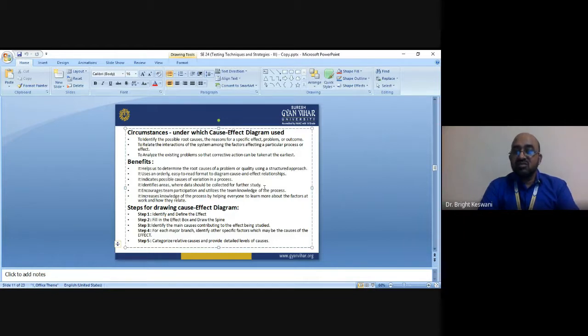The first step is identify and define the effect. The second step is fill in the effect box and draw the spine. The third step is identify the main causes contributing to the effect being studied. The fourth is, for each major branch, identify other specific factors which may be the cause of the effect.